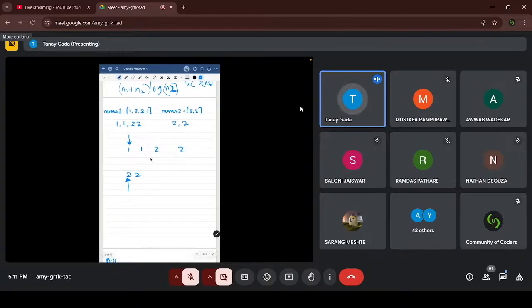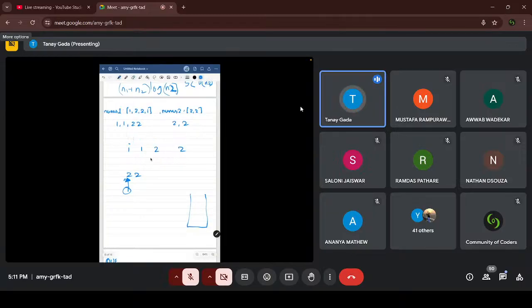We check if the elements pointed to by these pointers are equal. If they are equal, we add to the result. If not equal, and this element is greater, then we may find 2 anywhere ahead of 1, right? So we increment this pointer until we find 2.